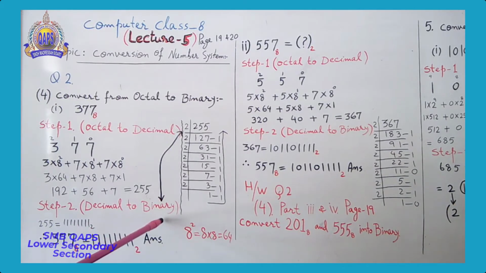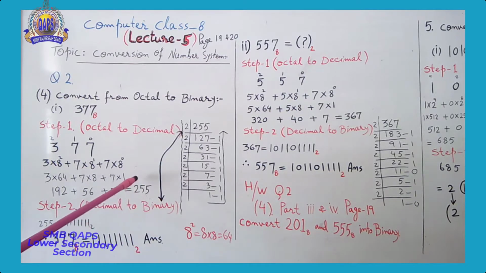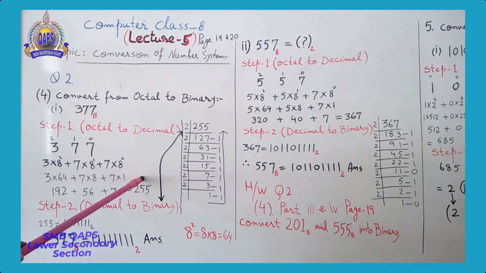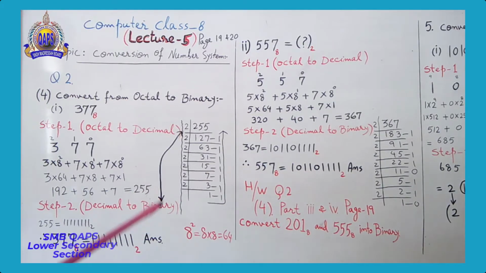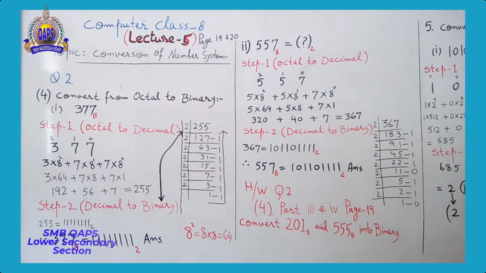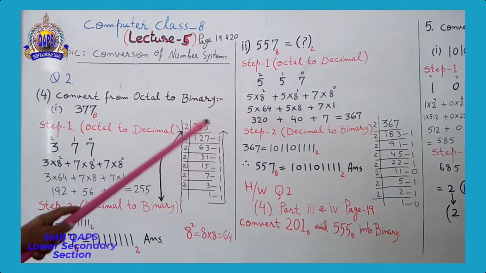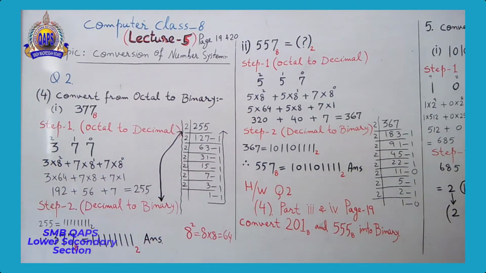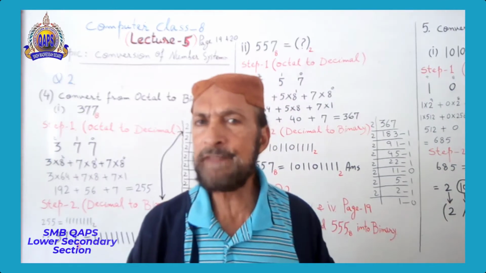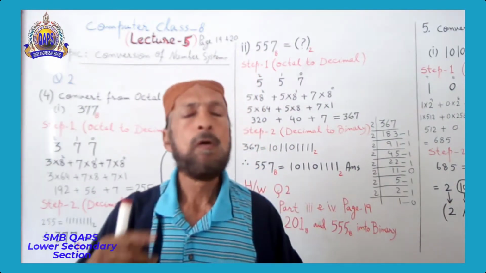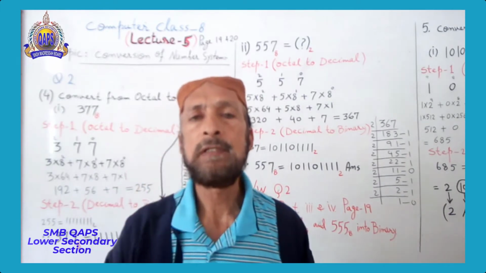Now, step number 2. Decimal to binary. We have decimal number 255. Make its binary. Have a look. 255 divided by 2. Question: why divided by 2? Why not by 3?